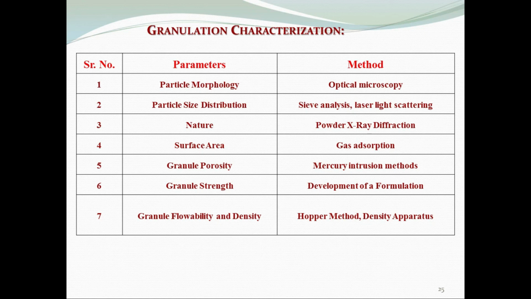Then by using density apparatus we calculate bulk density, tap density, and subsequently the Carr's index, that is percent compressibility index, which will give you an idea about the flow properties of your granules.